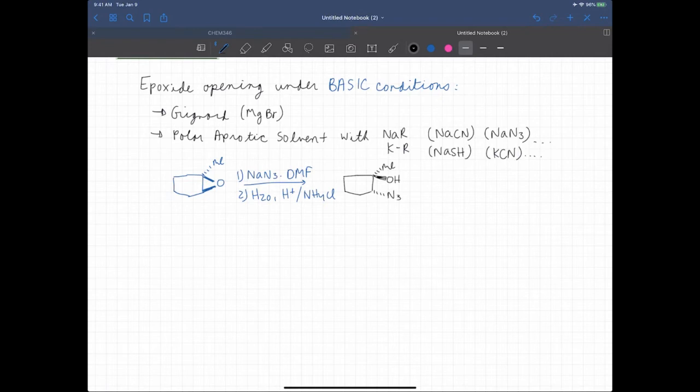It might not make sense right now, but let's look at the mechanism so that you can understand why we get that product.